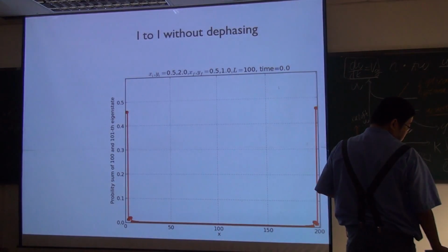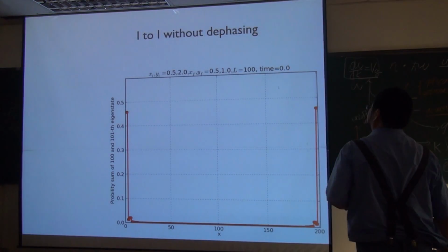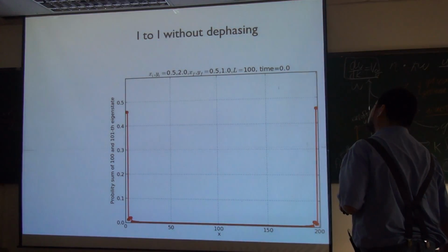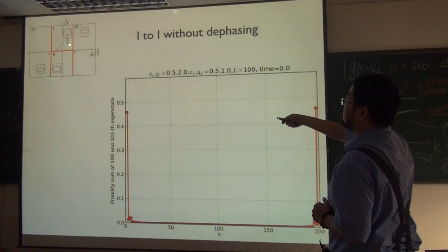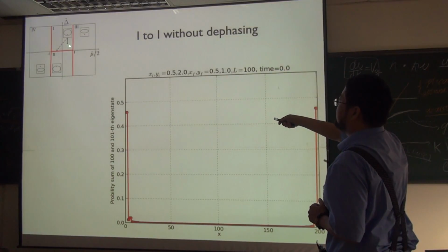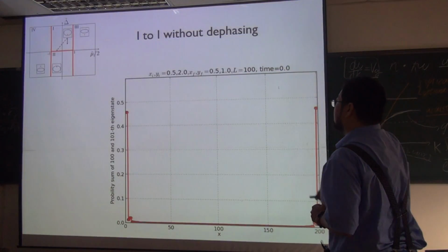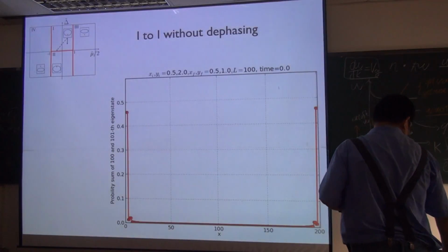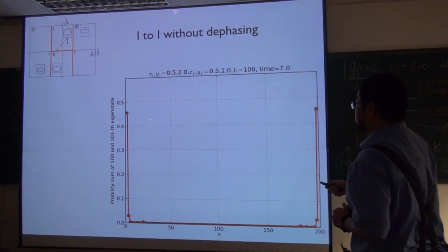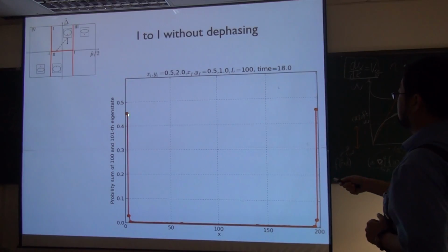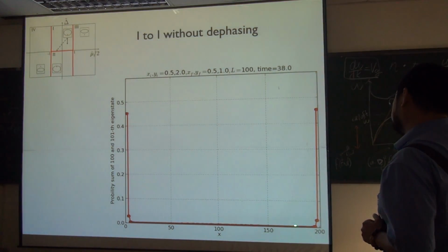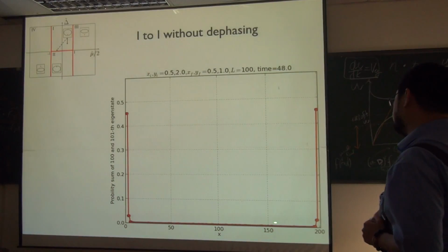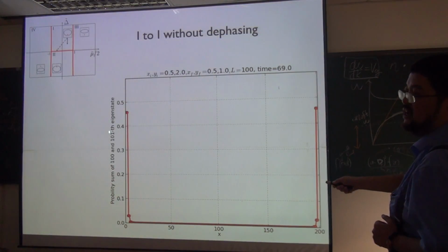For the phase 1 to 1 without dephasing, that means you quench the system in this direction, then you still get a non-zero Berry phase at the end, so you still get the H state. You see the H state won't disappear through time, and you have only a very small perturbation or small quasi-particle going over, but at the end you still get the H state.